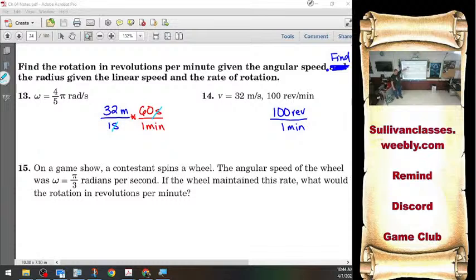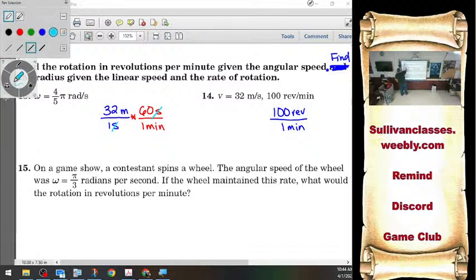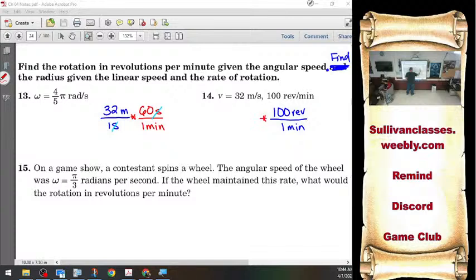This is a length, but to meet at the gate, to meet in the middle where a radian is a radius, I need to have radians. So over here, I'm going to switch this into 2 pi radians is 1 revolution.